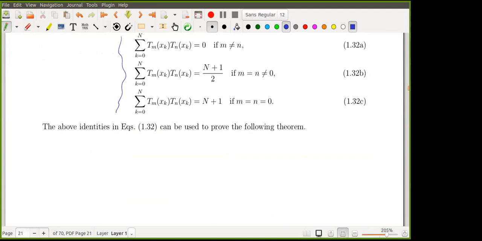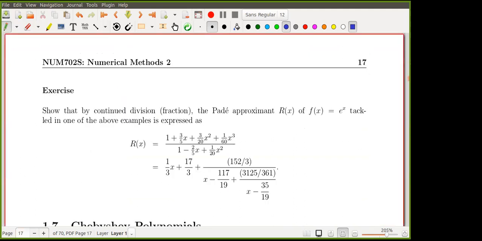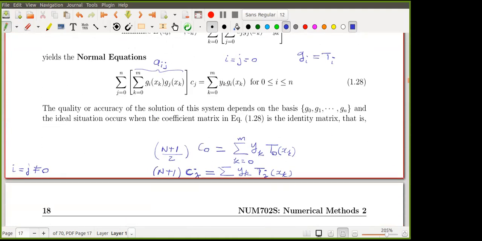So I can change that there. So for 0 here, this is n plus 1, and here it's (n+1)/2.